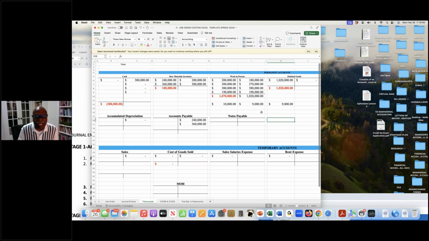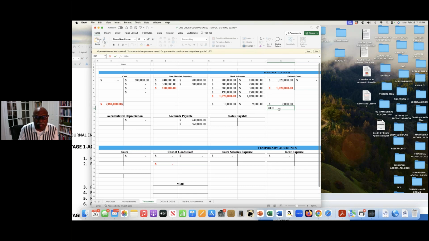So what do we need to do next, Team 3? You divide the 1 million by the 9,000 and you get 113.33. So we need a unit cost now. That's going to be equal to dividing the 1,020,000 by the 9,000.